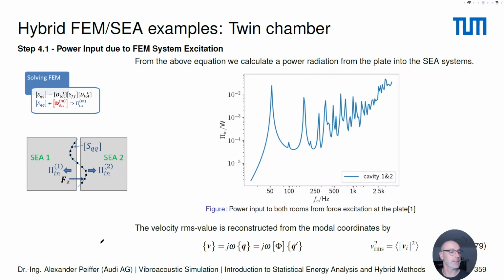Then the next step is the other system. We would like to get the root mean square value from this plate, and this is just reconstructed by modal coordinates, because one response is, let's say, the displacement of the plate due to the force excitation, but from extracting this back from the modes we can get the root mean square velocity of the plate, which is, let's say, the SEA-like quantity that we would like to have at the end of our calculation.